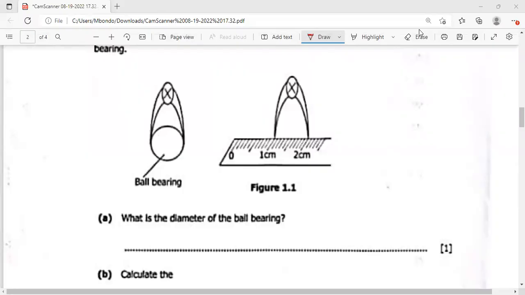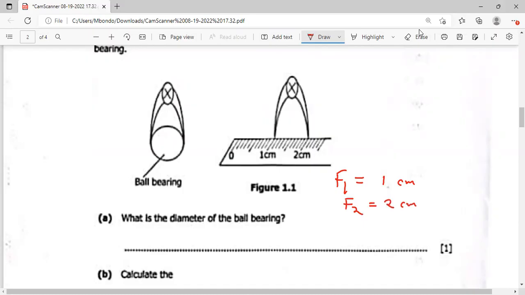So we take the final reading. We take the first reading, which is given as 1 centimeter. It's starting from 1 centimeter. And then the second reading, which is 2 centimeters.